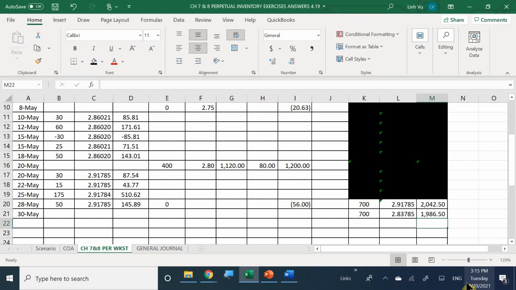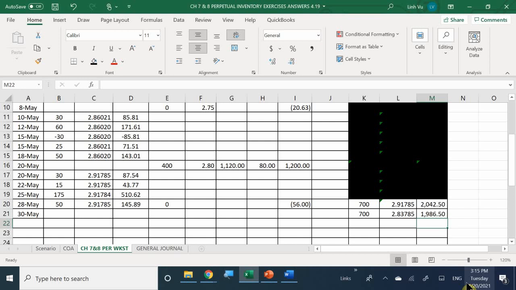So that's how you calculate your discounts, right? It's just like when we did our periodic inventory, right? The discount doesn't change your quantity. It just changes your total cost of the overall batch here.